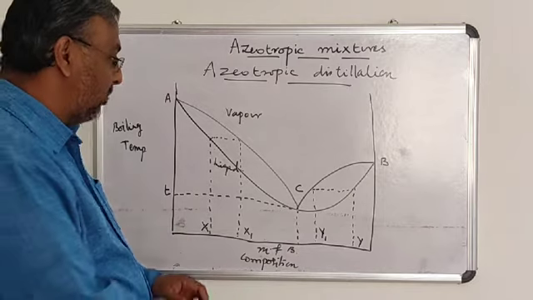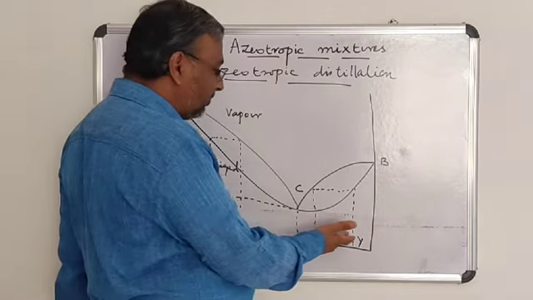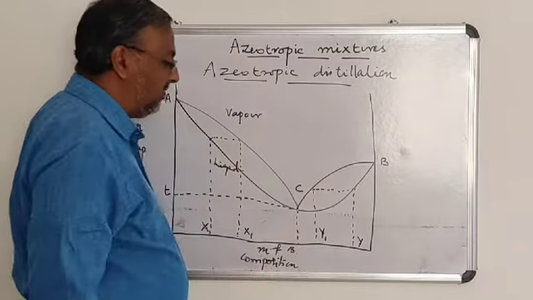Whereas B can be separated here in this other vapor liquid curve.